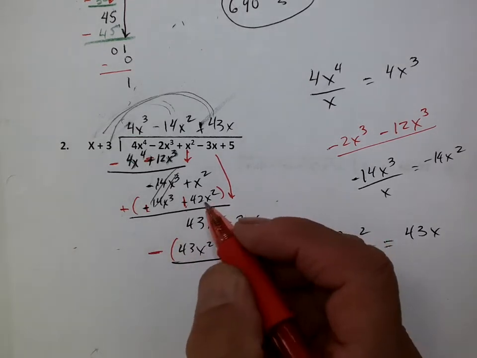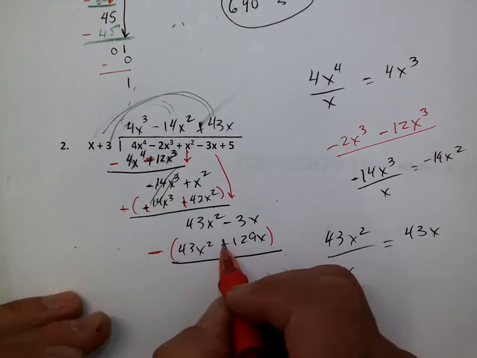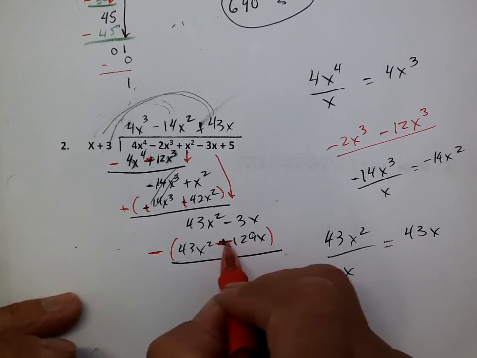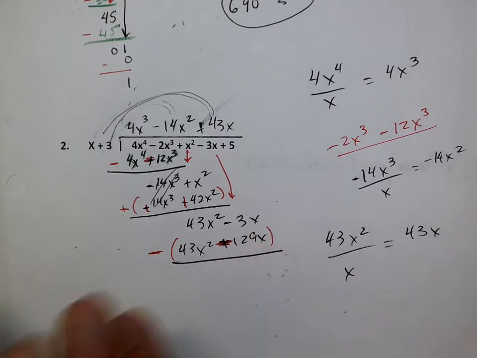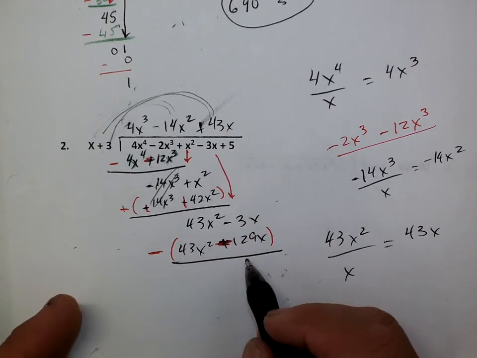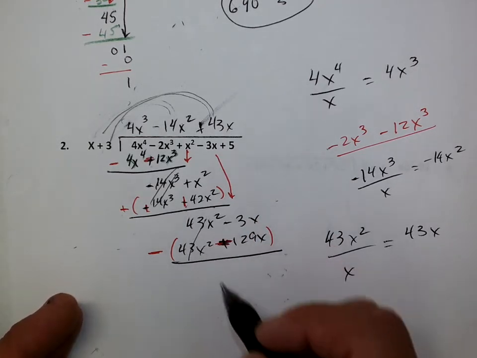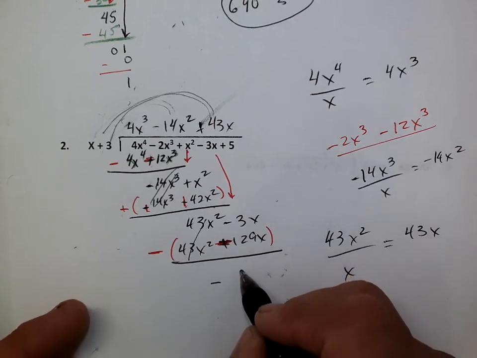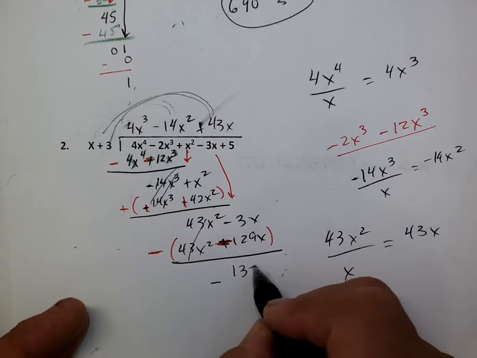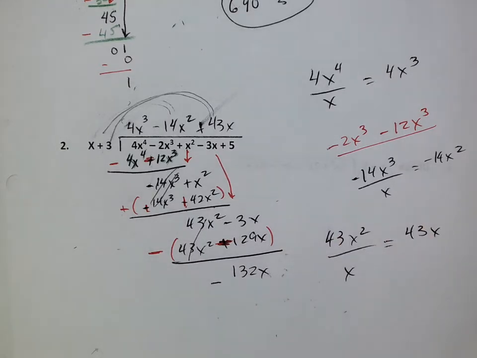But what I like to do is be careful, so I just bring the negative through. So subtract, Price, you see what I just did? Price, see I just brought the negative through? Right? Then is it a negative 129x? Yes. So now those cancel, and I'll be left with a negative 132x, all right? So, almost done.